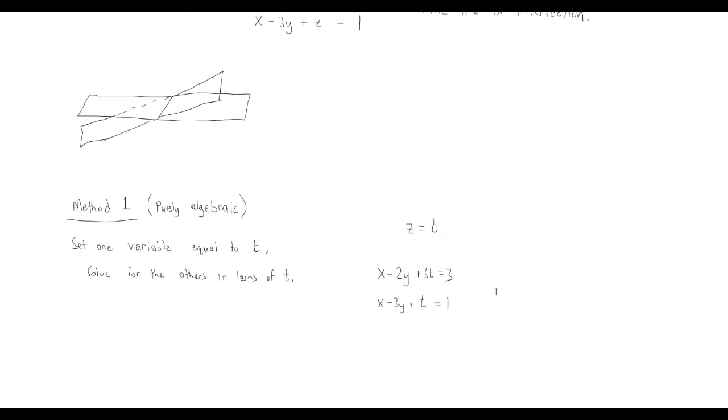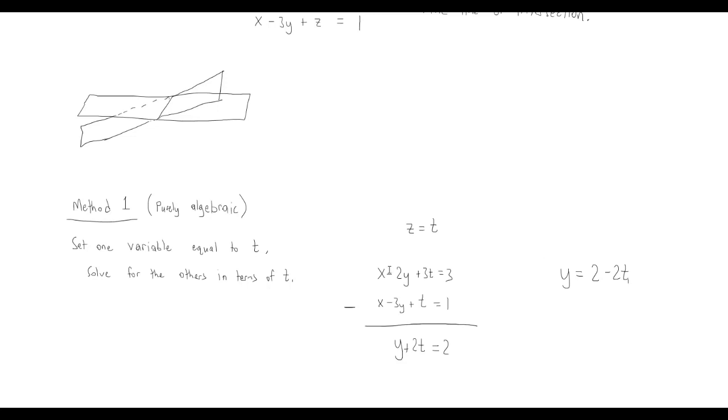And what I want to do now is solve for x and y from the system of equations. So I think the simplest way to solve it would just be to subtract these equations right now. That will cancel out the x's. We're going to get minus 2y plus 3y gives me 1y. 3t minus t is plus 2t. Here 3 minus 1 gives me 2. So therefore we have y equal to 2 minus 2t.